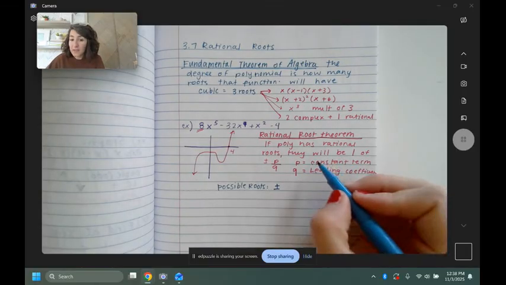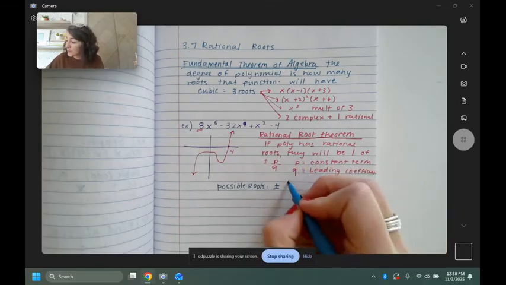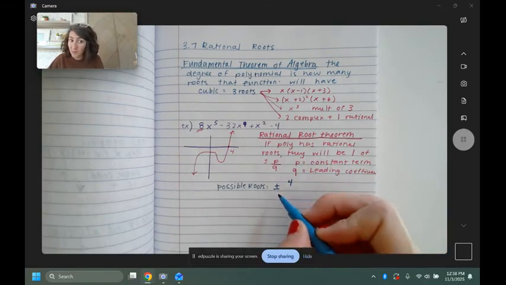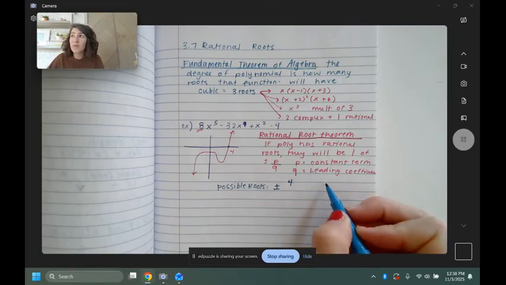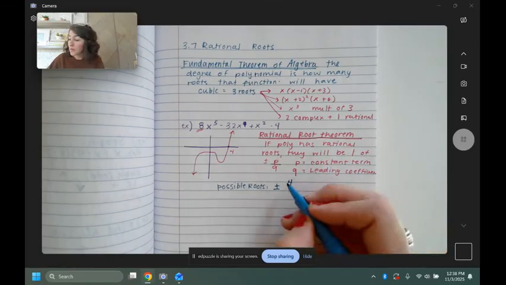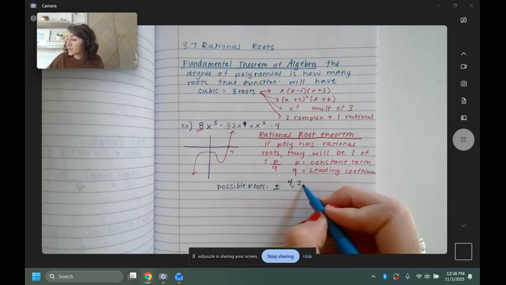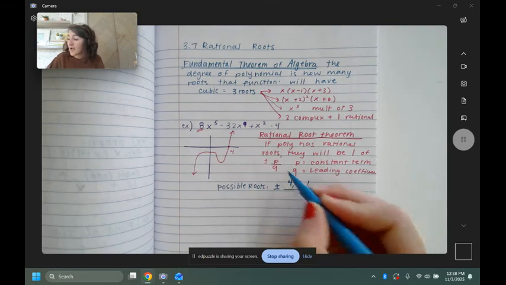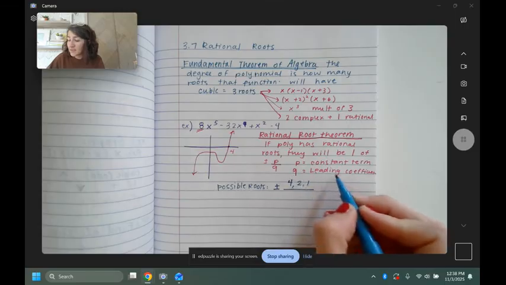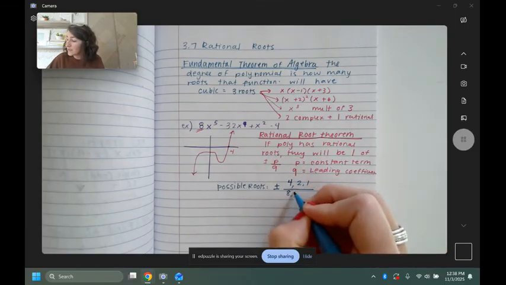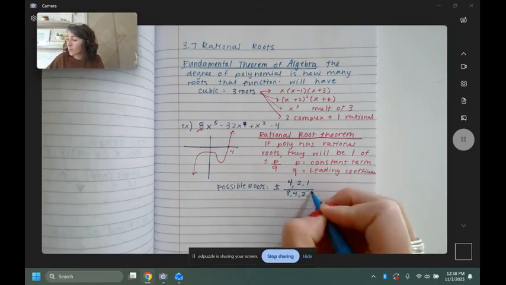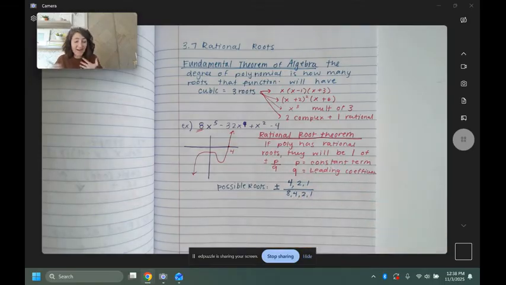And then I want to write down my constant term, 4. It could be positive 4 or negative 4. And I want all of the factors of 4. So I could divide 4 evenly by 4, 2 or 1. And then divided by the leading coefficient and all of its factors. So 8, 4, 2, or 1. Those are all the things I can divide 8 by evenly.